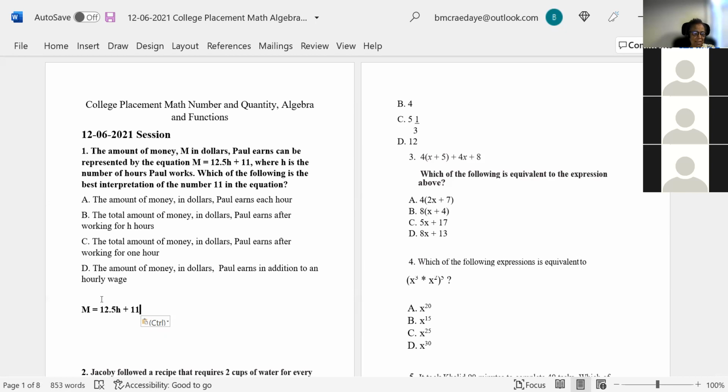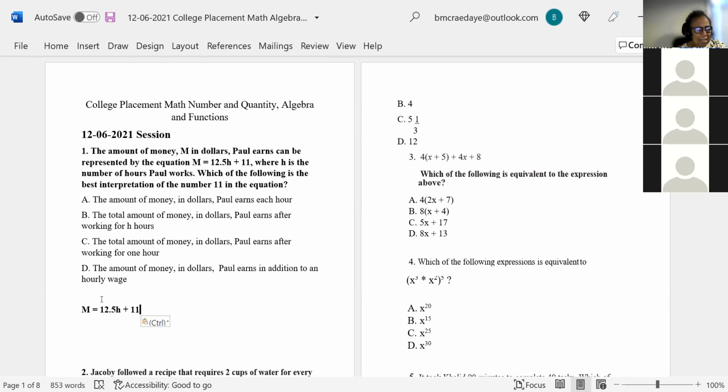What do you think that 11 represents, Alva? Okay, so the amount of money he earns, M, is 12.5 times H, where H is the number of hours he worked, plus 11.